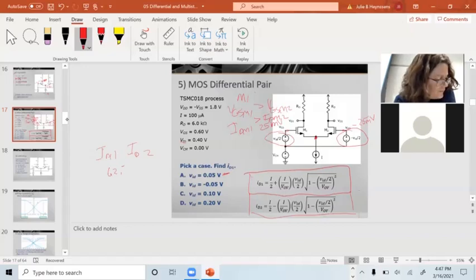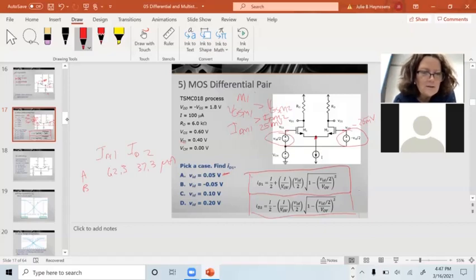ID1 is 62.3 and ID2 is 37.3, and those are in microamps. If I look at case B, they go the other way. It becomes 37.3 and 62.3.